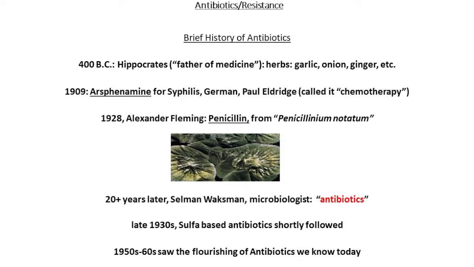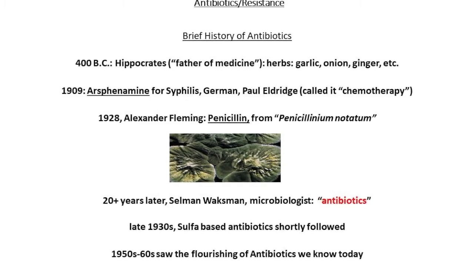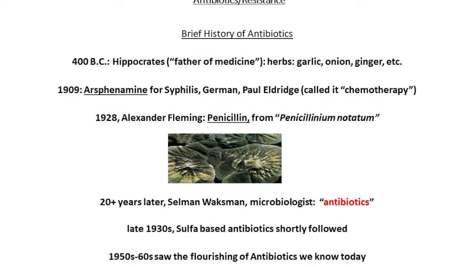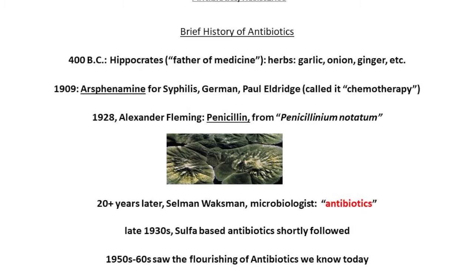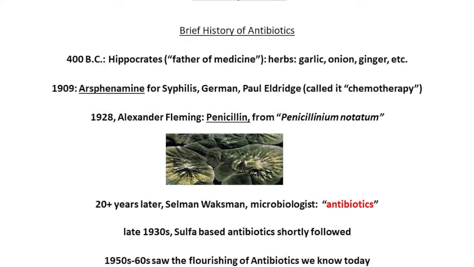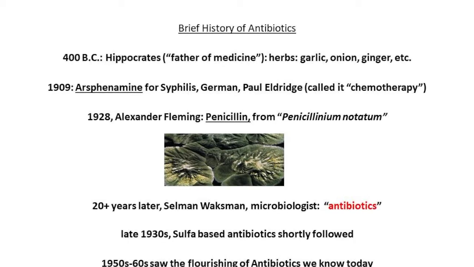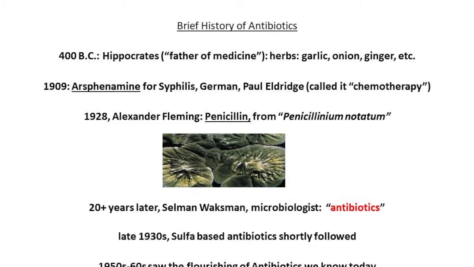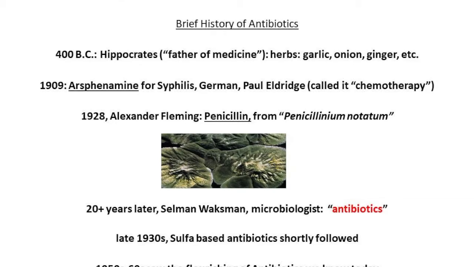A couple decades later, Waxman finally called penicillin an antibiotic, and I'll go over what that means in a later slide. The sulfa-based antibiotics soon followed. And in the 1950s to 60s, that's when I was born, the other antibiotics started coming up to what we know today as antibiotics.